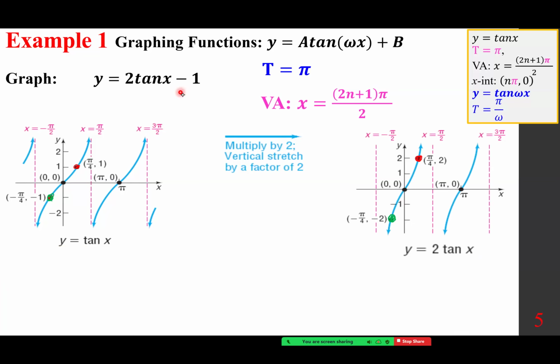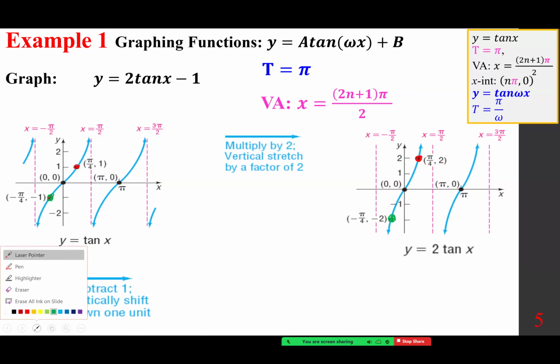Let's apply the negative one. That means subtract 1. That means bring it down by 1 unit. So what happens? This one, pi over 4, comma, you're going to bring this down so it becomes 1. And this one, negative pi over 4, negative 2, bring it down, becomes negative 3. 0, 0, you bring it down, becomes 0, negative 1.